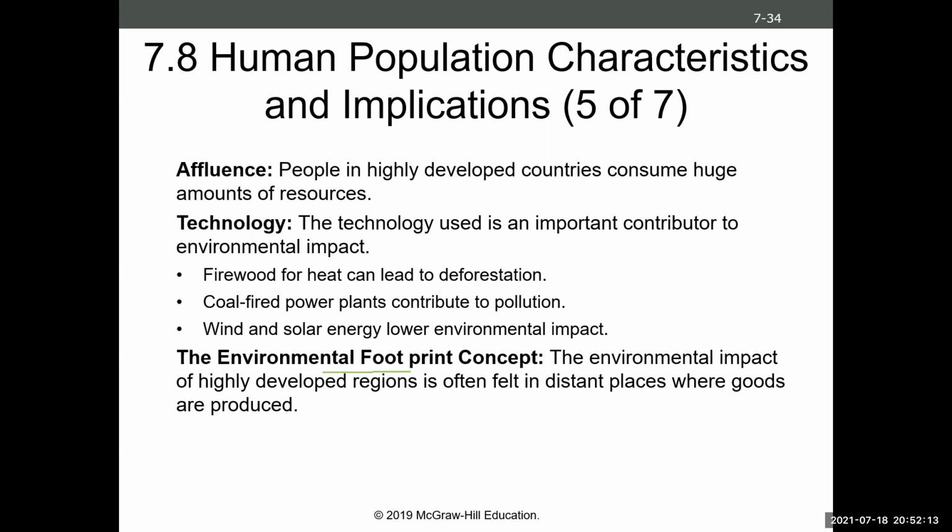Technology is a real big contributor to that increased environmental impact, like firewood to heat, deforestation, power plants, pollution, versus wind and solar energy for lower environmental impacts. And so these are very high, this is very low, and these should be switched. Right? That's what we want to get at, that being switched.